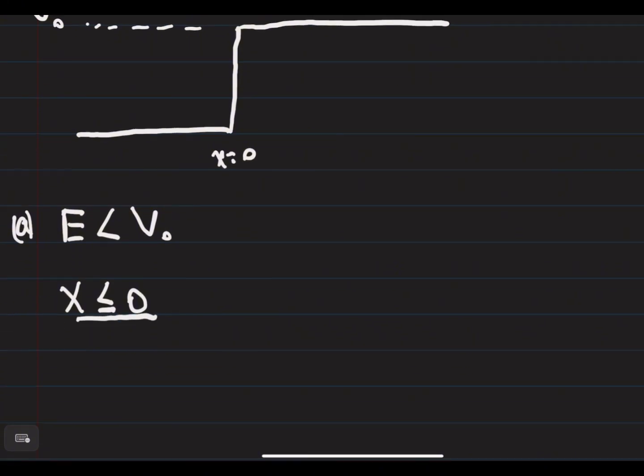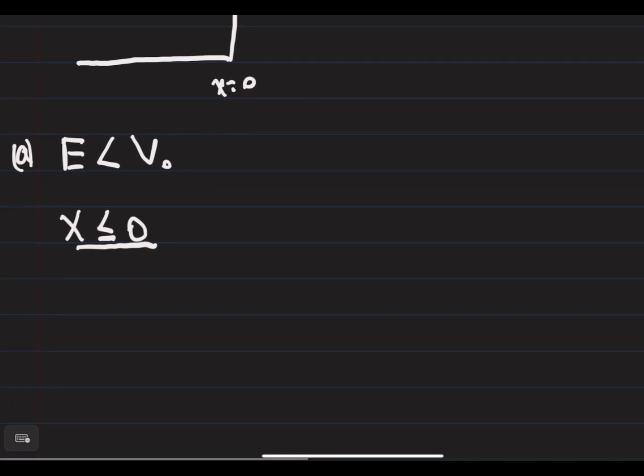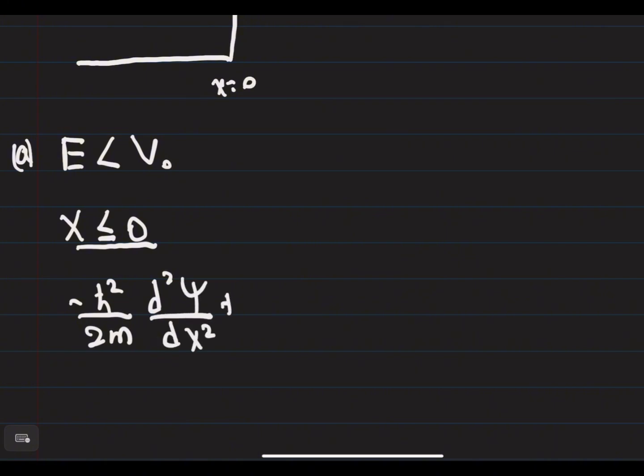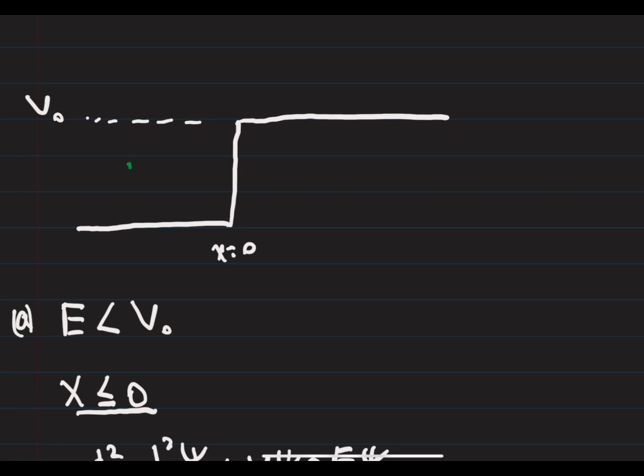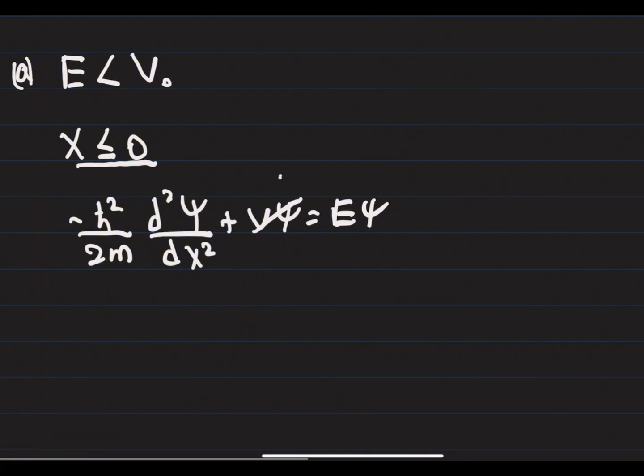Okay, well, we can start with just Schrodinger's equation. Minus h bar squared over 2m, the second derivative of psi with respect to x, plus V times psi equals E times psi. But remember that the potential is 0 in this case because we're over here in region 1. So this is just 0.